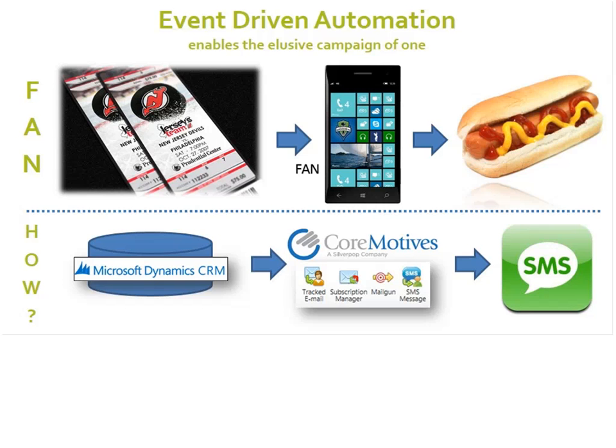The ticket engine integrates with Microsoft Dynamics CRM, says the Griffin family's here, which then spawns a nurture program, or in this case a one-off nurture that says, yes, Dan Griffin is opted into SMS. Let's send Dan an SMS message telling him to go to section 103 to pick up 4 free hot dogs for the 4 tickets that he purchased.